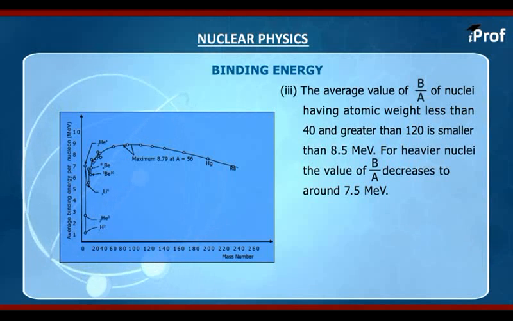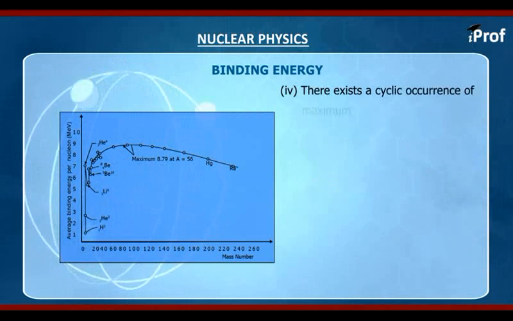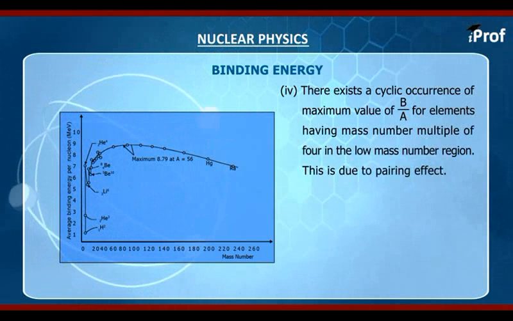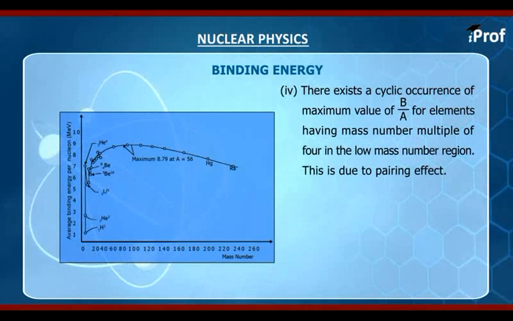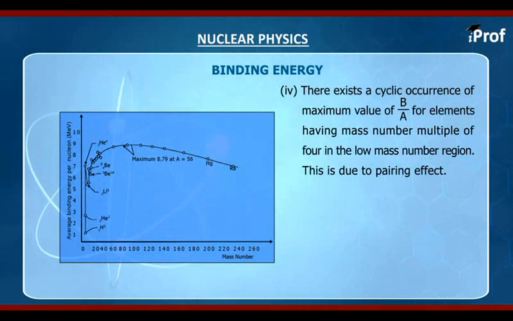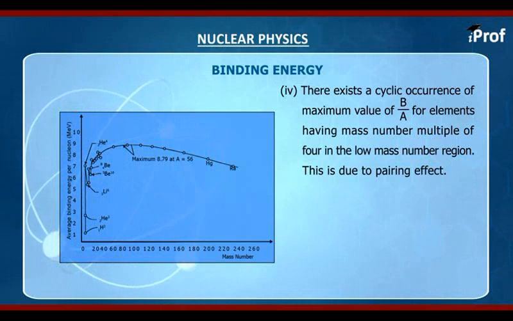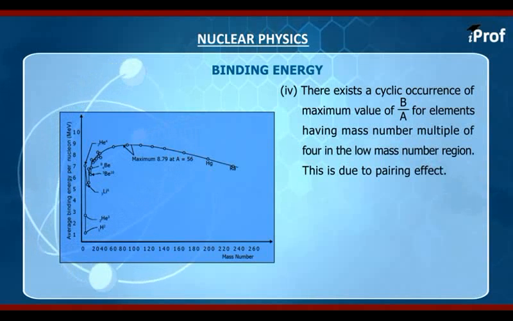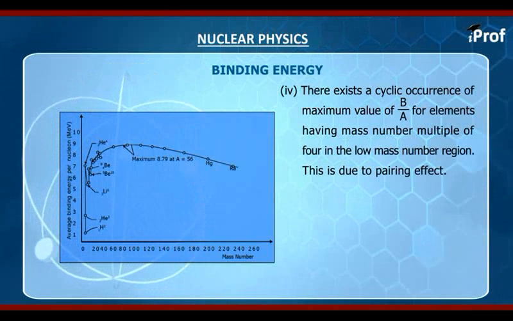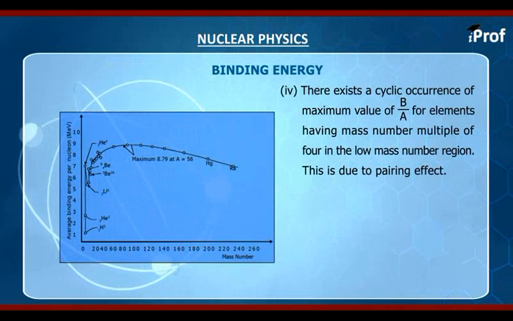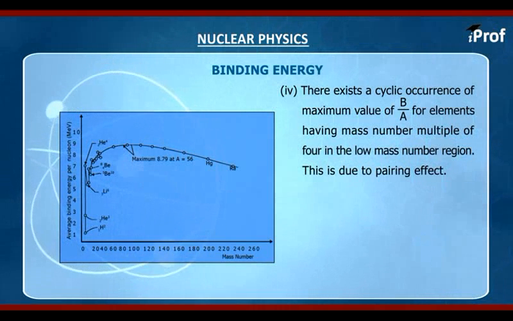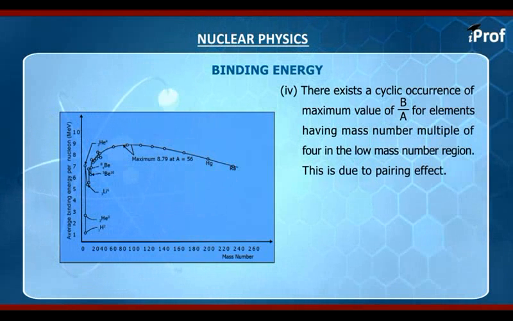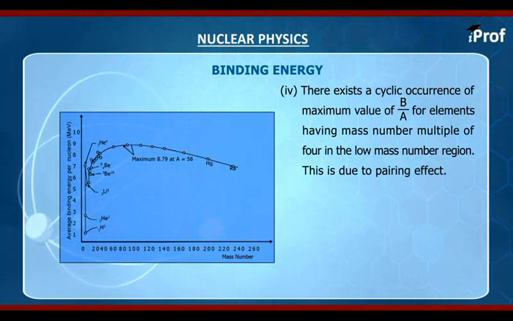As I said, you can see there exists a cyclic occurrence of a maximum value of binding energy per nucleon for elements having mass number which is a multiple of 4 in the low mass number region. Again, as I explained, this is due to the pairing effect, that is, wherever nucleons are paired up, there will be extra stability associated. This parameter, binding energy per nucleon, is taken as an indication of stability of a nucleus. The more the binding energy per nucleon, the more is the stability of the nucleus.